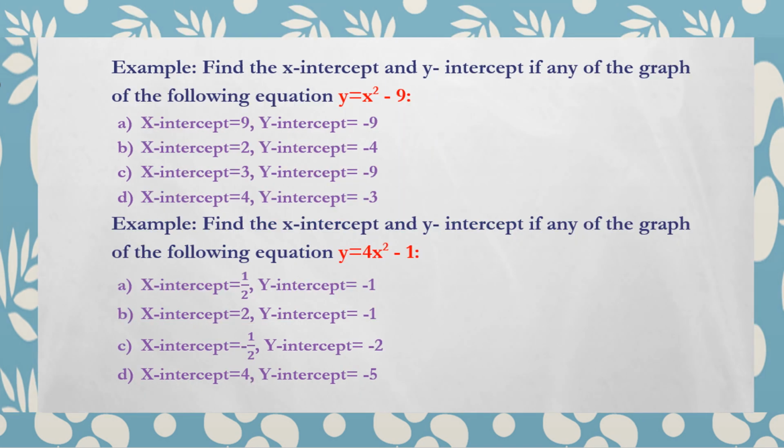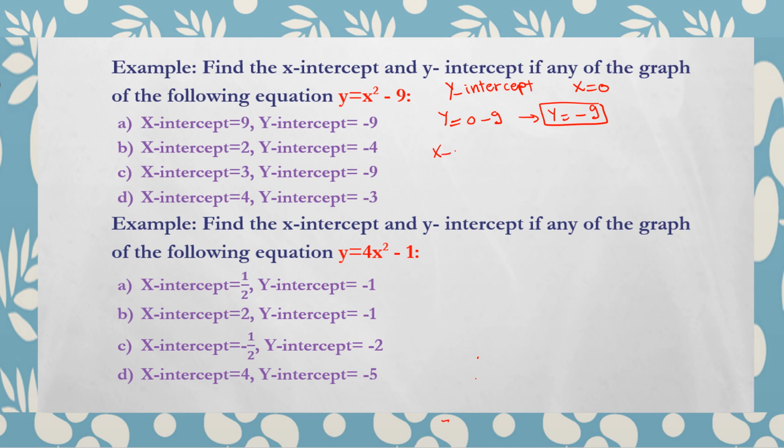Another example, find the x-intercept and y-intercept, if any, of the graph of the following equation. Again, to find the y-intercept, we set x equals 0 and solve for y. So y equals 0 minus 9, then y equals minus 9. This is the y-intercept.